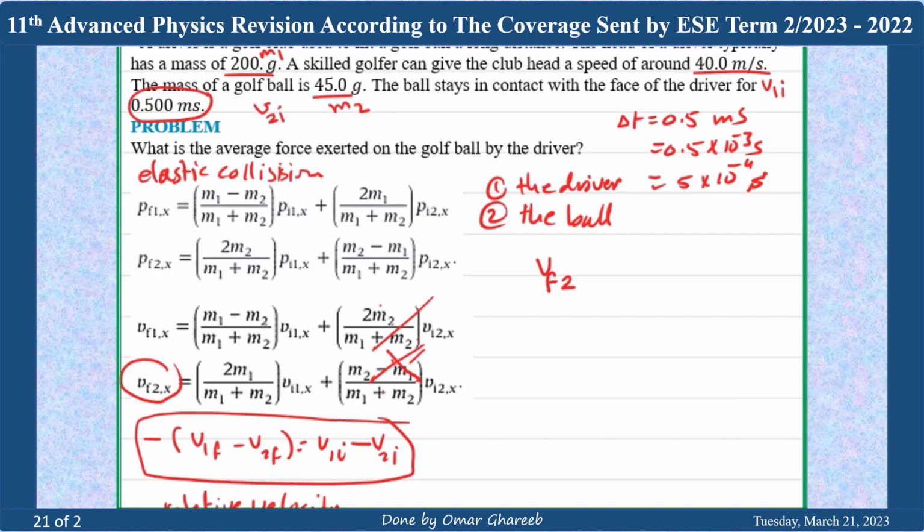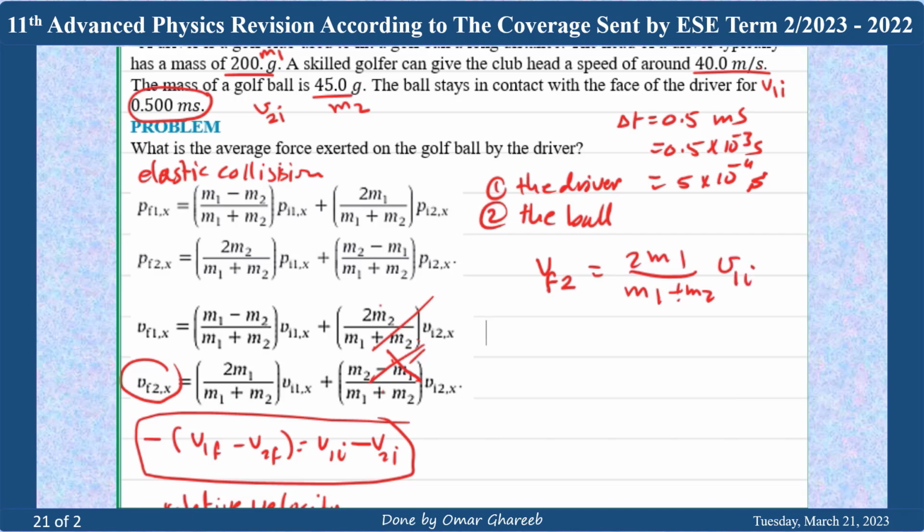V final 2 equals 2 M1 over M1 plus M2, times V1 initial.